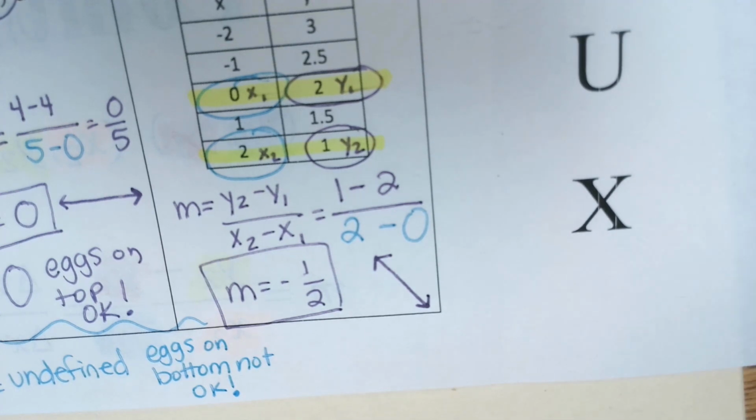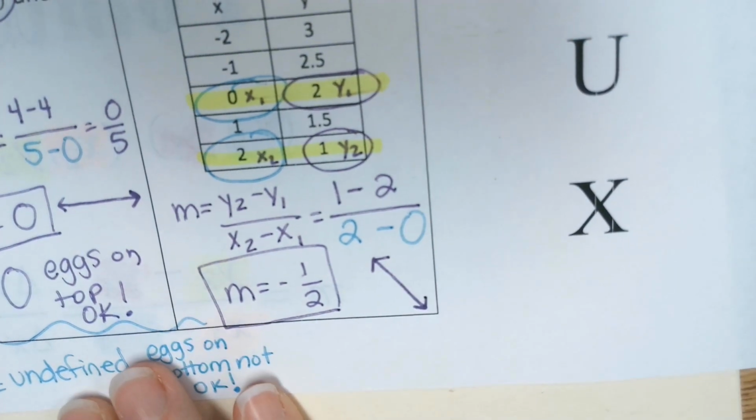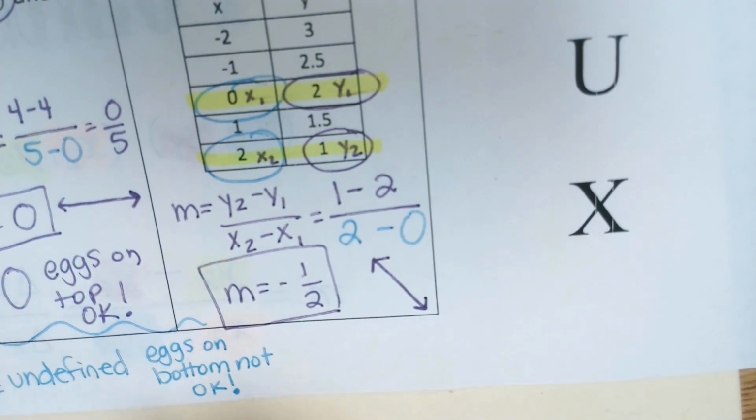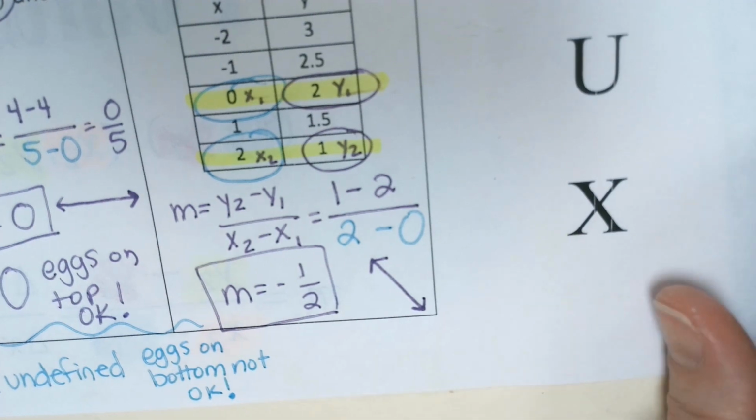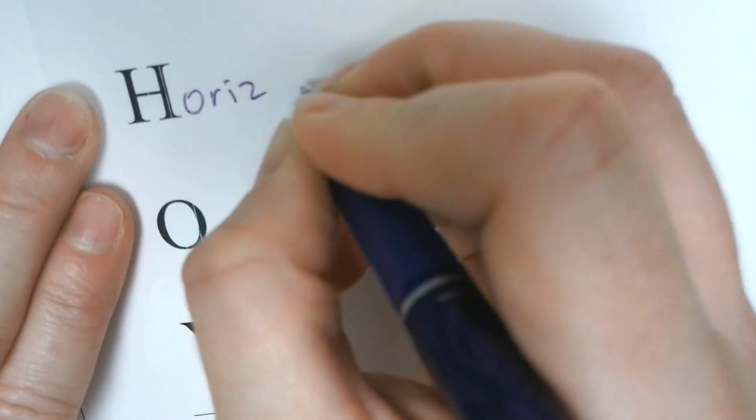Okay, the second page, or the last page of our notes, is Hoy and Vux. So this is a way to remember vertical and horizontal lines. So if you have a vertical or horizontal line, you need to ask yourself, is it Hoy or is it Vux? So let me tell you what Hoy and Vux mean. Hoy stands for horizontal line.